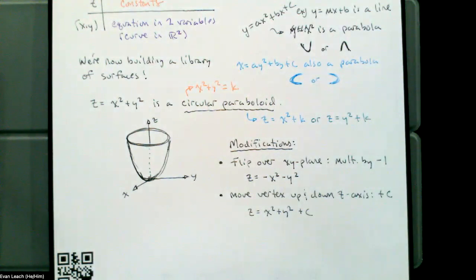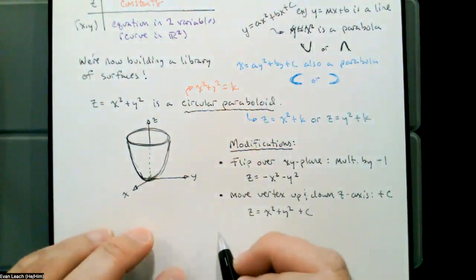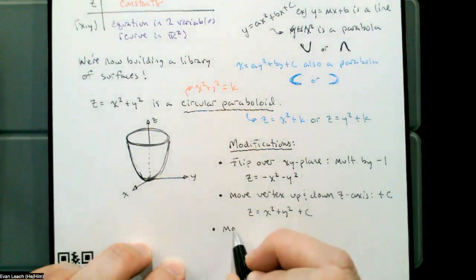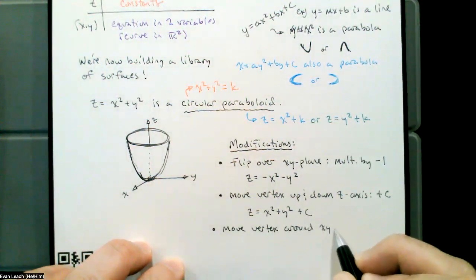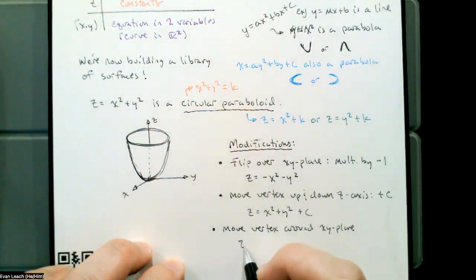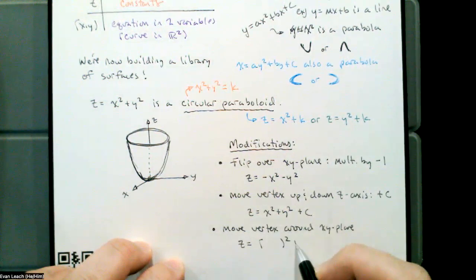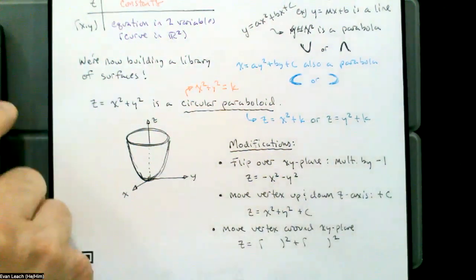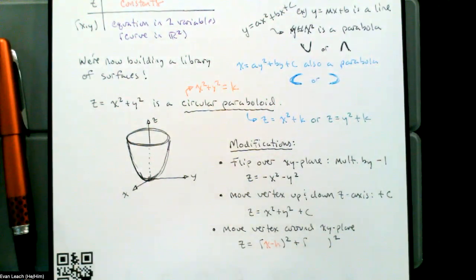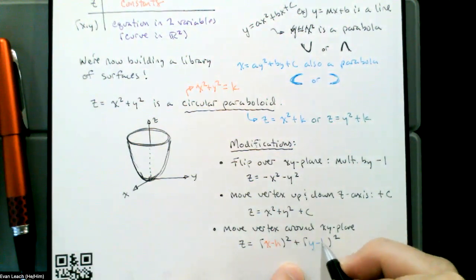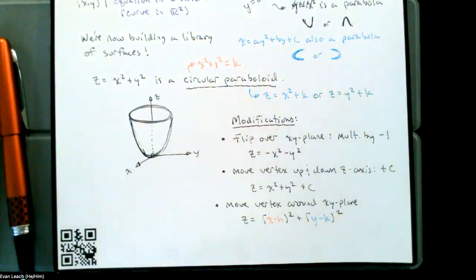And moreover, rather than just throwing in x terms, we can move things horizontally by doing addition before the function happens. Now we've moved the vertex around the xy plane.